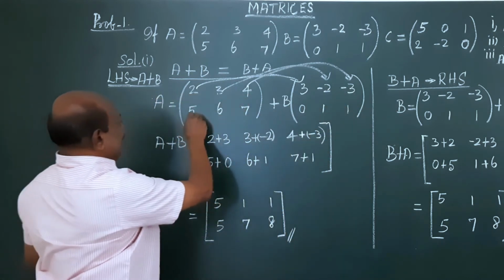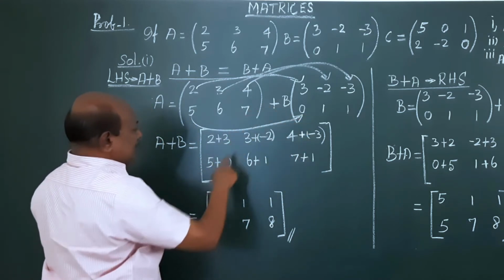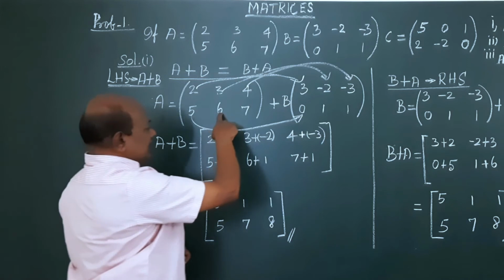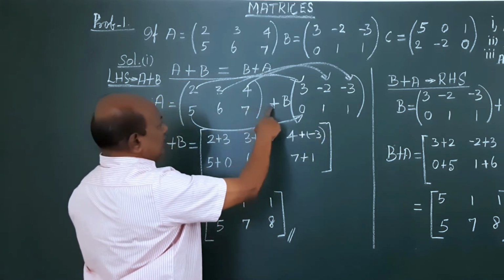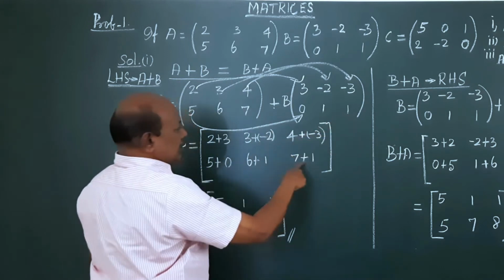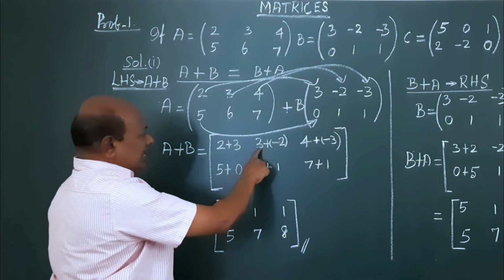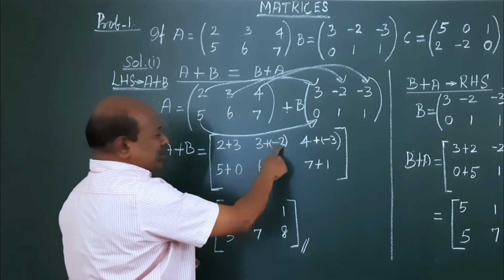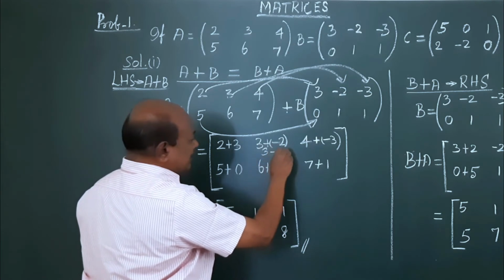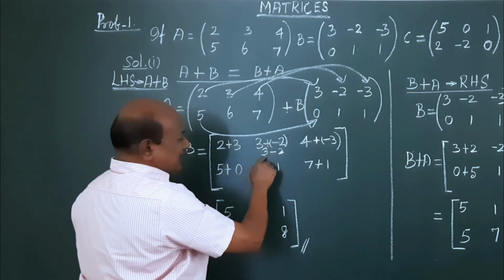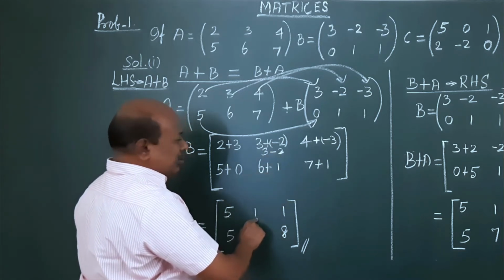Like that, second row, here 5 plus 0, 6 plus 1, 7 plus 1. Here 2 plus 3 equal to 5. 3 plus minus 2. Here plus 3 minus 2, that is answer is 1.